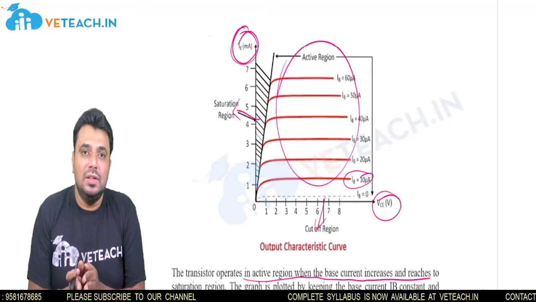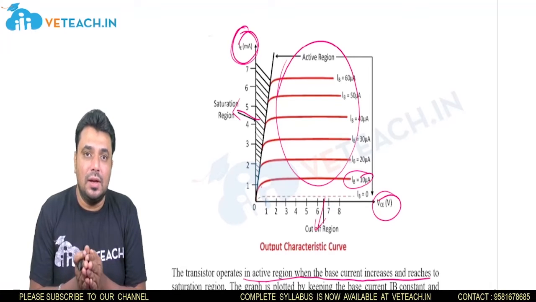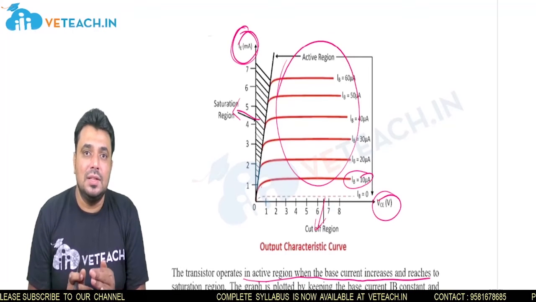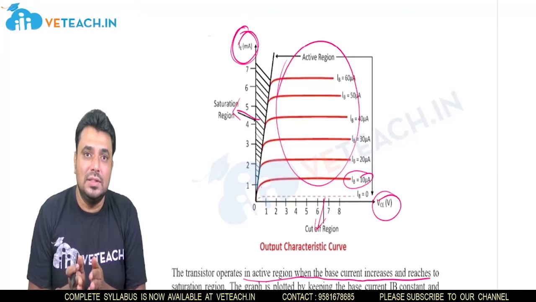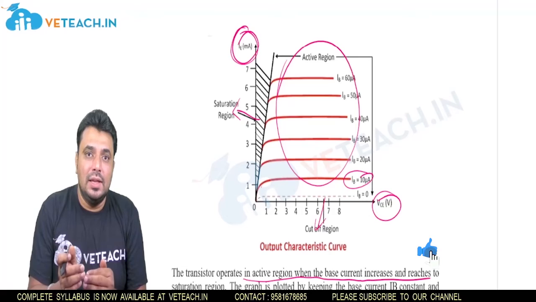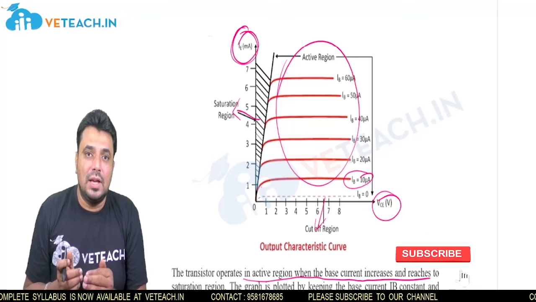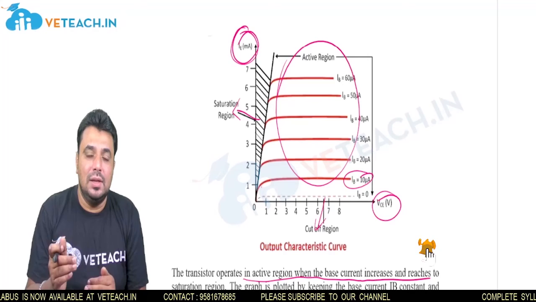But there is one drawback in the common collector configuration: it has less voltage gain, less than unity. It has high current gain because the output current is IE and the input current is IB. So that's why the gain has a higher value, that is IE by IB.